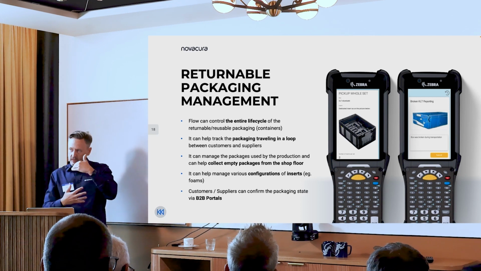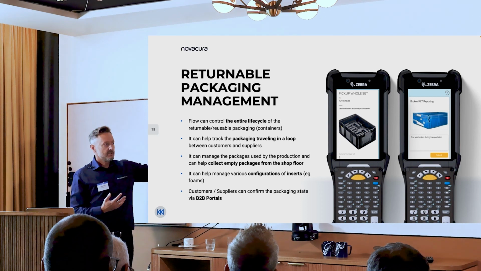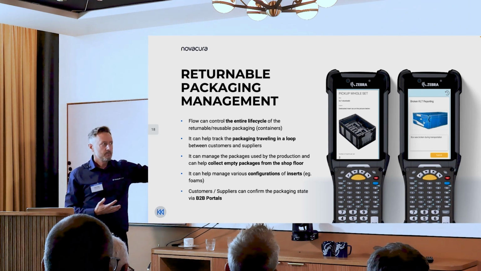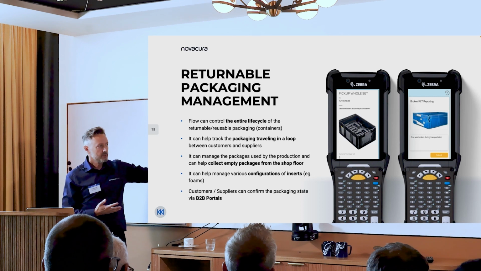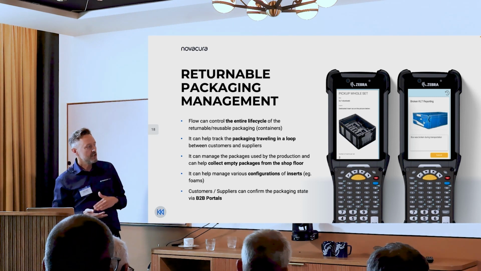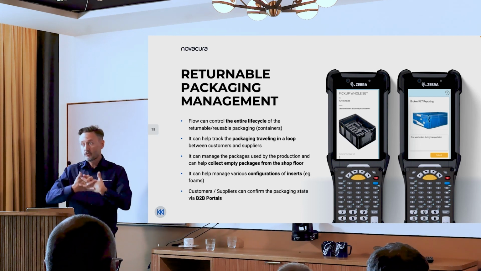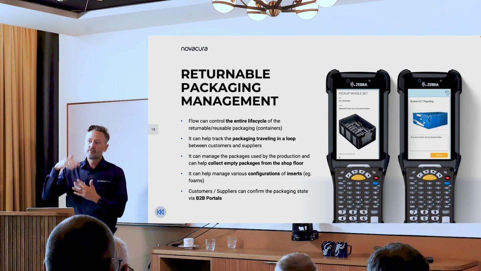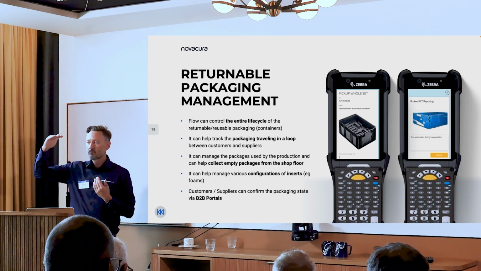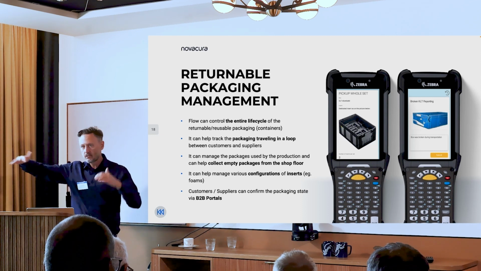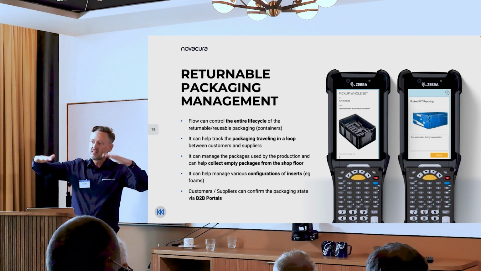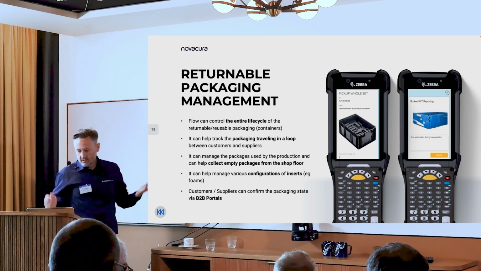So it's quite a complicated area, and it can also be supported by Novacura Flow, not only Flow as a mobile application, but we also offer B2B portals for suppliers and for customers so that they can confirm the state that they currently possess on their site. So you can do this kind of balancing from time to time. So yeah, that's the solution.